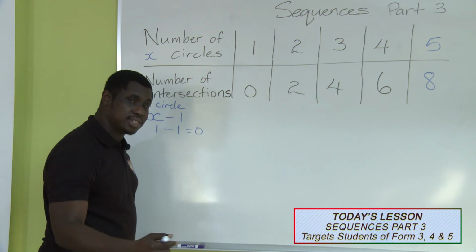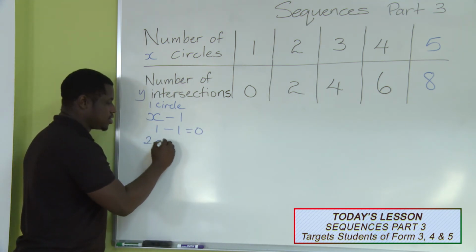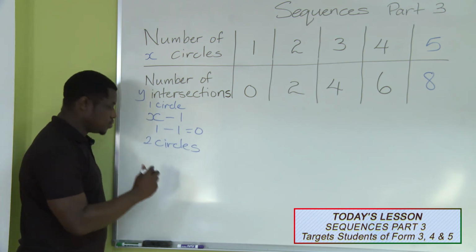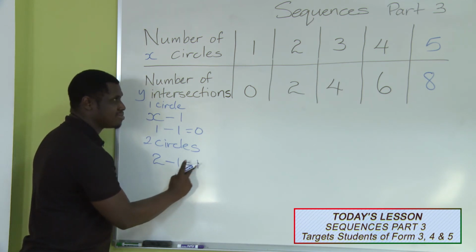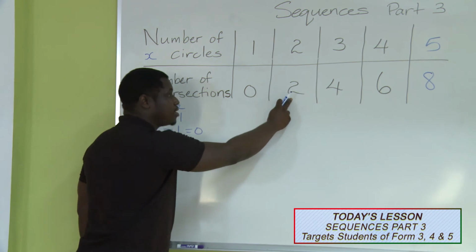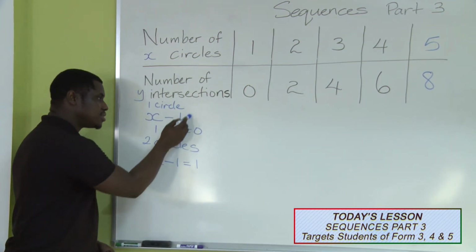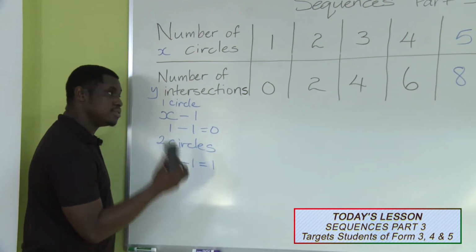Now we have to test it for the second. So when we have 2 circles, x in this case would be 2. 2 minus 1 gives me 1. And 1 is not what is given in the table here, which is 2. So clearly this rule will not work, but we can adjust it to suit.